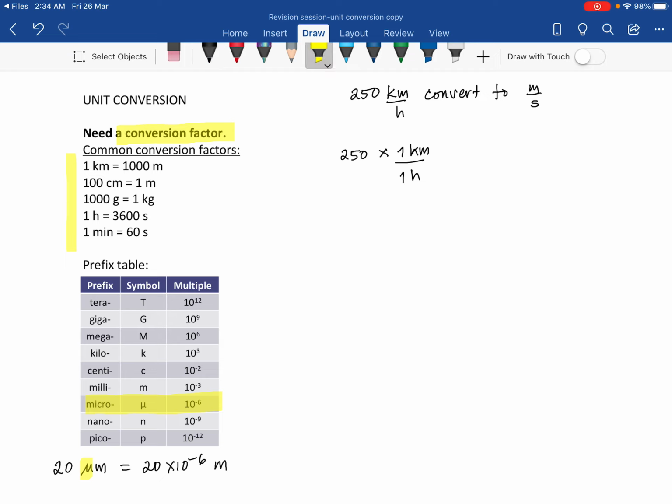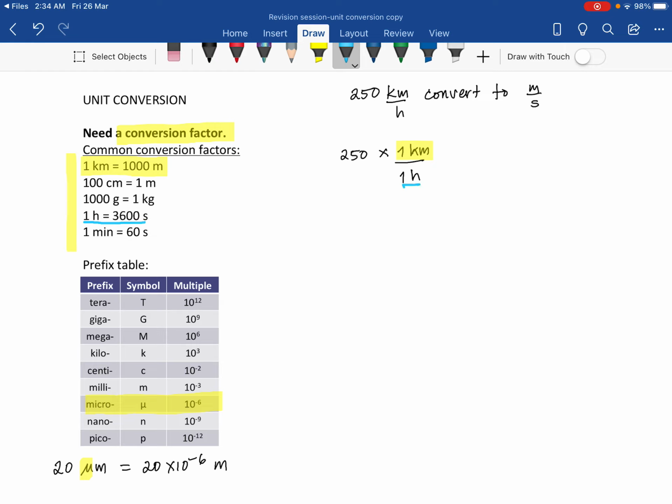So here we don't want kilometers, we want meters, and we can see from our conversion factor that 1 kilometer equals 1,000 meters. So we can now replace that 1 kilometer with 1,000 meters, and then we also want to replace hours with seconds, and we can see the conversion factor 1 hour equals 3,600 seconds.